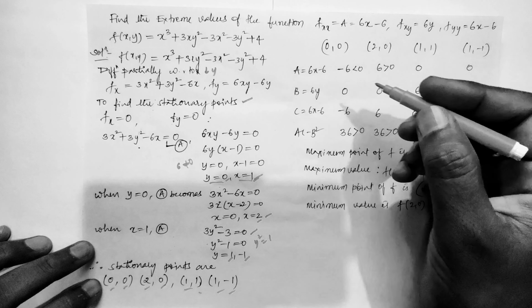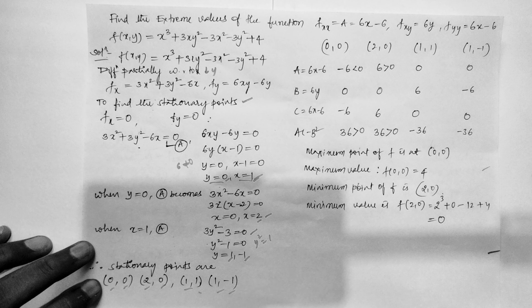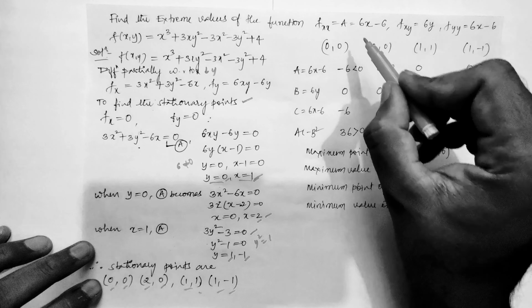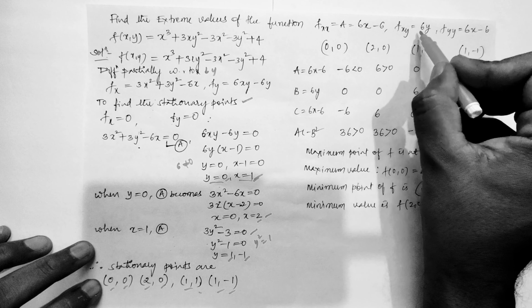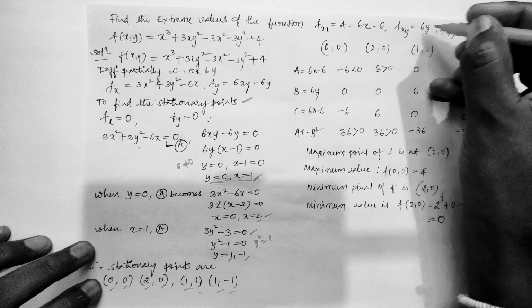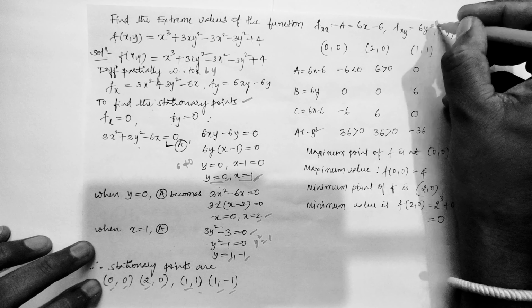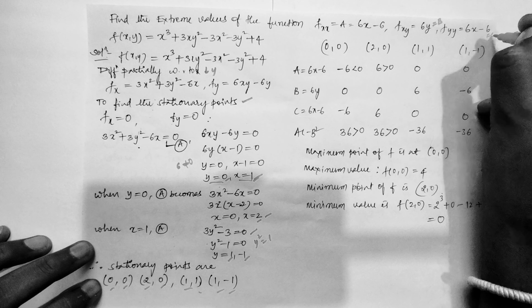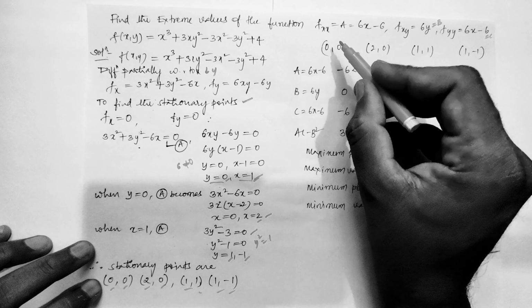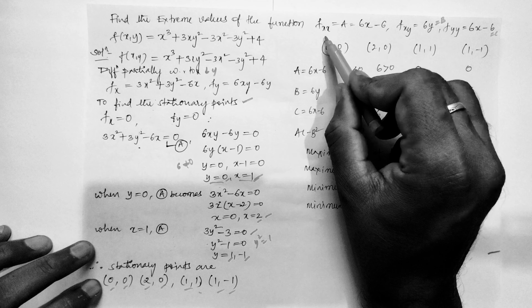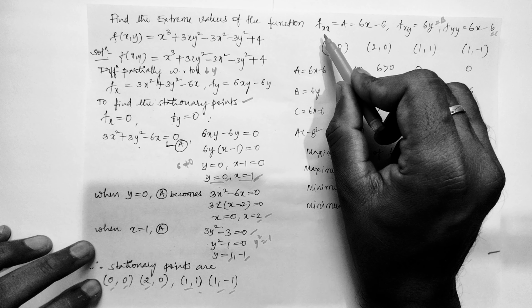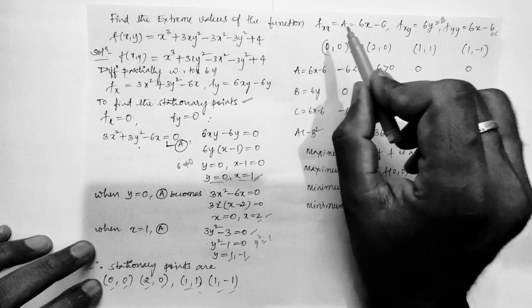Now, as we know already, the next step is finding the value of A, B, C. A means fxx, that is, dou square f by dou x square.